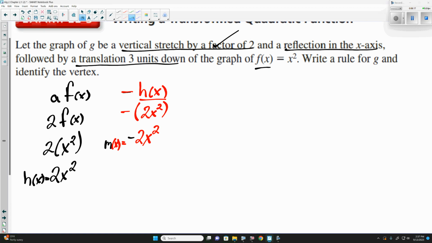We just need a way to name it. So vertical stretch by a factor of 2 is done. Reflection in the x-axis, done. And the last one we need is what? A translation of 3 units down. It would be m of x minus 3. We do need to apply it to the function, but yes.